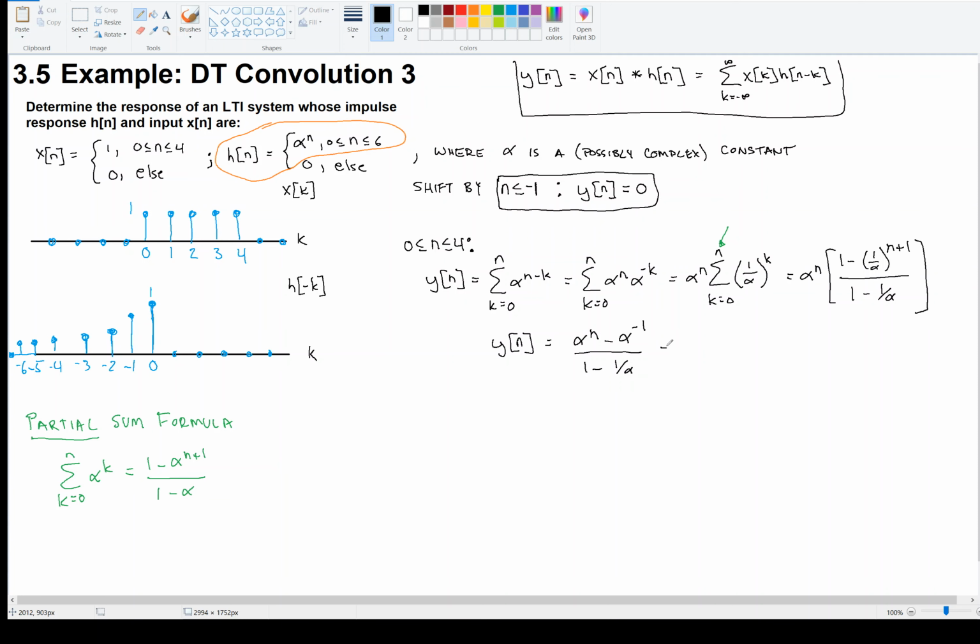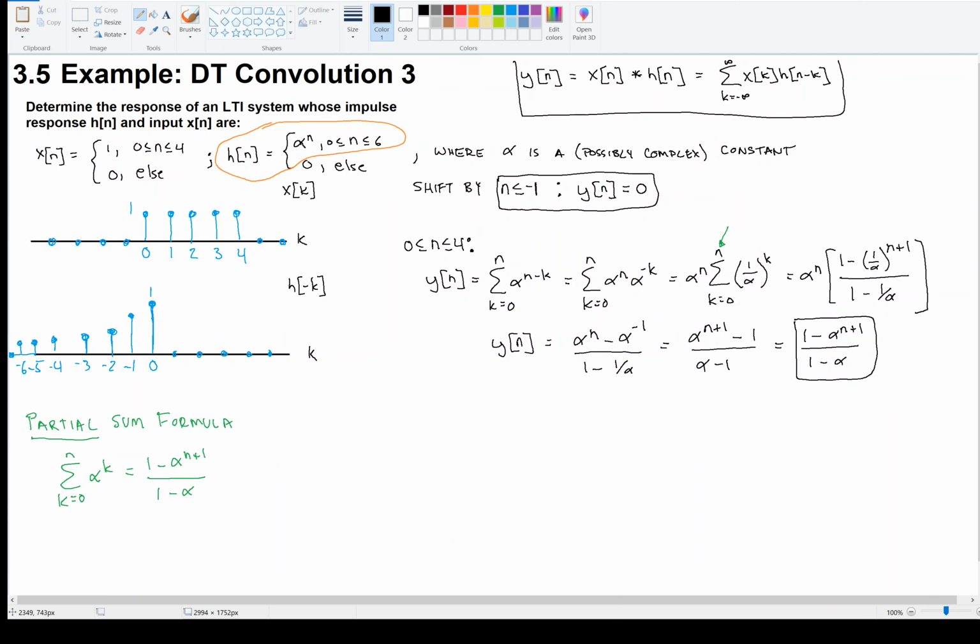And if I multiply everything by alpha, I get alpha to the n plus 1 minus 1 over alpha minus 1. And usually this is written, if I pull out a negative from both the numerator and the denominator, and look at that. We actually have the same thing. That's very nice.